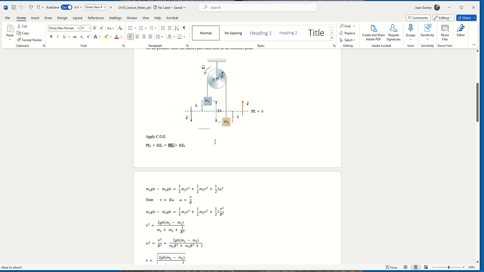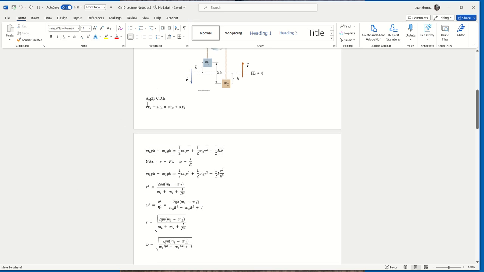What's the final kinetic energy? The final kinetic energy is the kinetic energy of M1, 1/2 M1 V squared, plus the kinetic energy of M2, 1/2 M2 V squared, plus the kinetic energy of the pulley, 1/2 I omega squared.